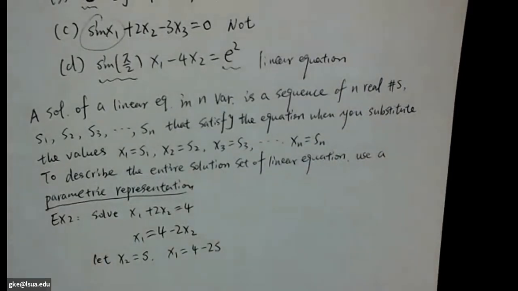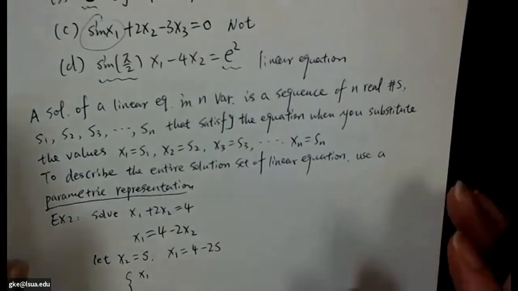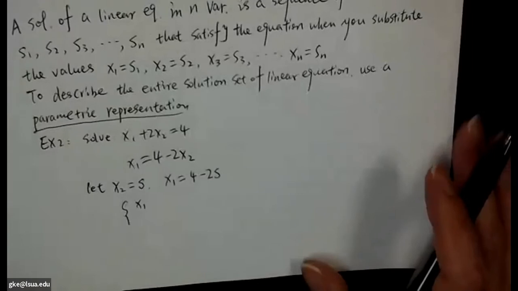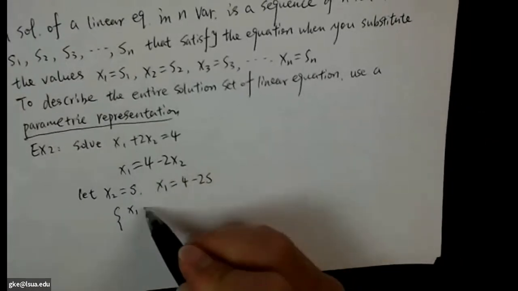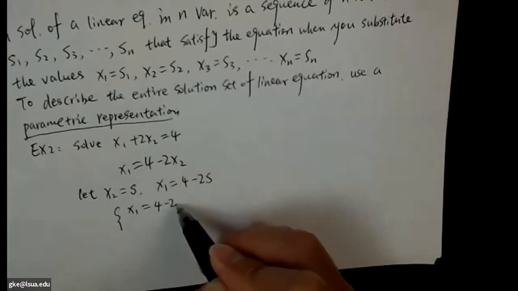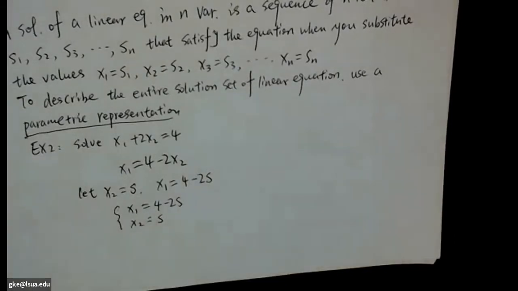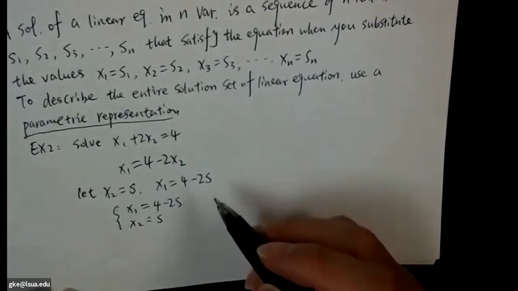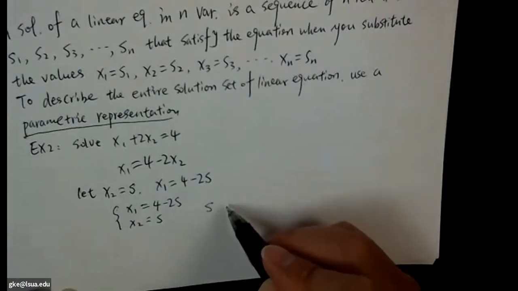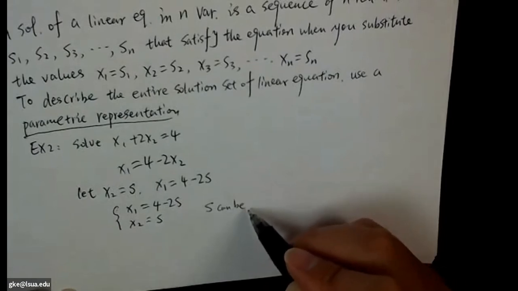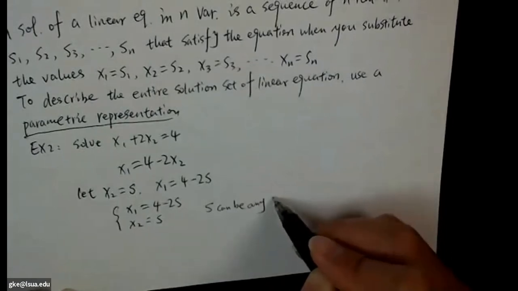So basically, the solution for this linear equation is going to be x1 equals 4 minus 2s, x2 equals s, and s can be any real number.